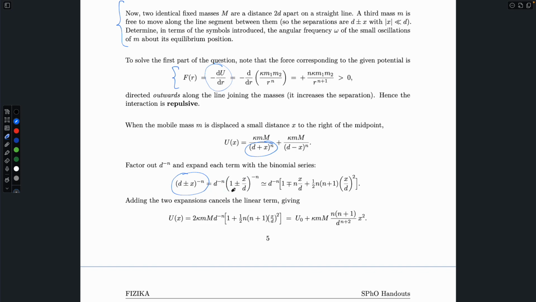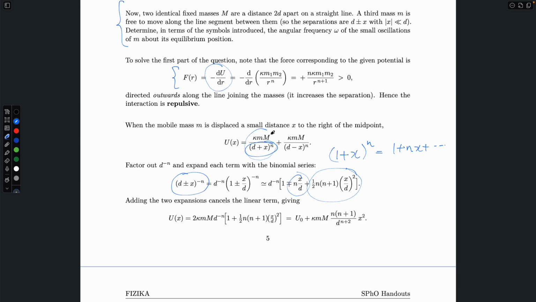And then once you factor out the d, this is just your binomial form, where, for example, (1 + x)^n you can approximate as 1 + nx plus the higher order terms. So in this specific case, we had to expand to the second order. The reason is that if we had only expanded to the first order, then all the terms will cancel out.